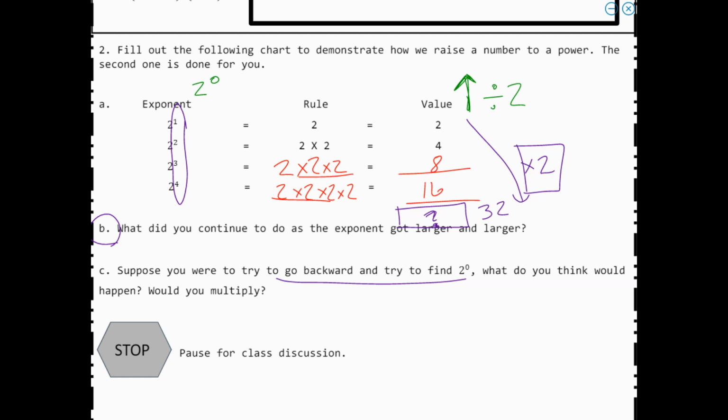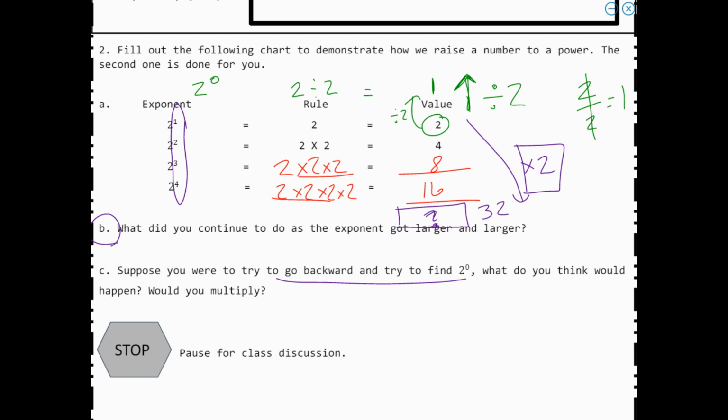So this would be 2 divided by 2, which would equal what? 1. Does that make sense? If I took 2 and divided it by 2, would it equal 1? Put it in your calculator. If I wrote it as a fraction, 2 divided by 2, what happens? They divide and cancel out, equaling 1.